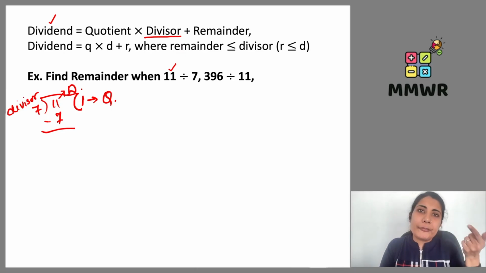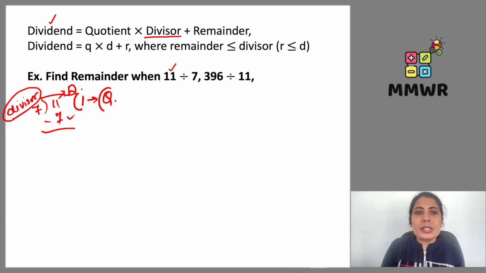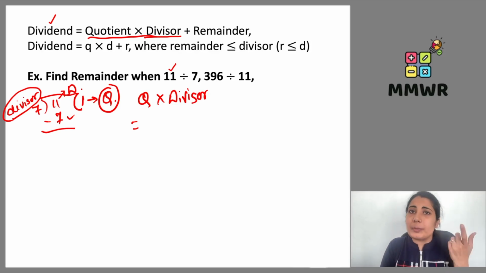And after taking the difference of the dividend and the number which we wrote, ये 7 आता कैसे है? Divisor और quotient को multiply करके. When we multiply quotient and divisor, we get the number which should be subtracted from the dividend.